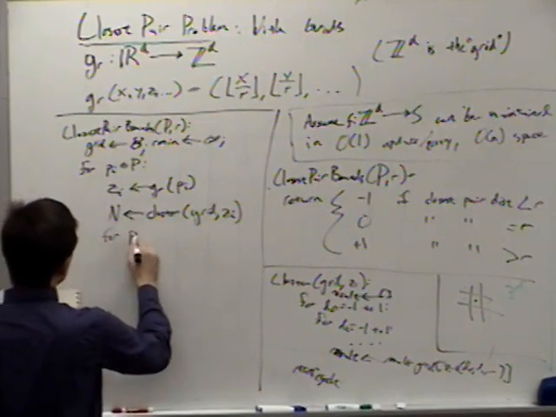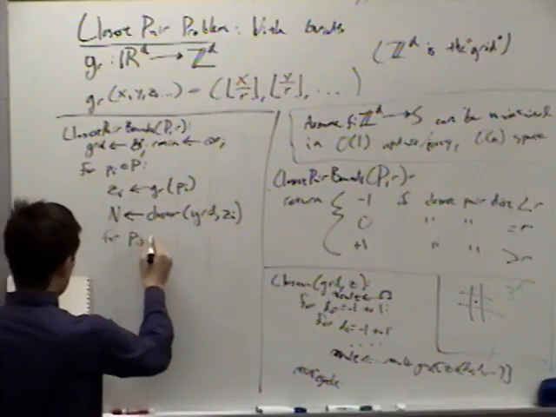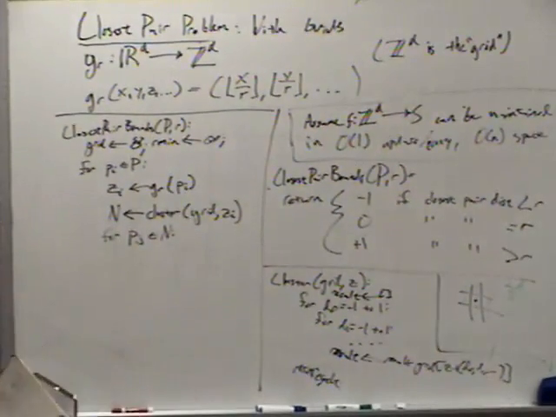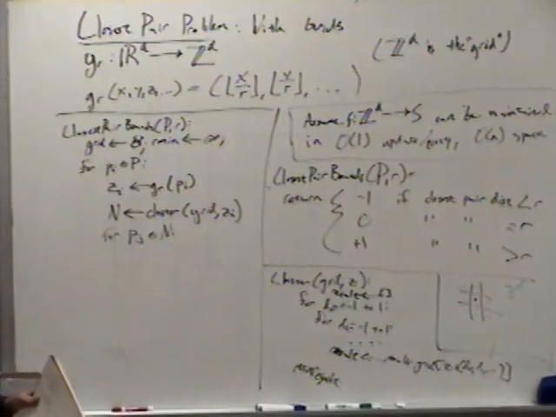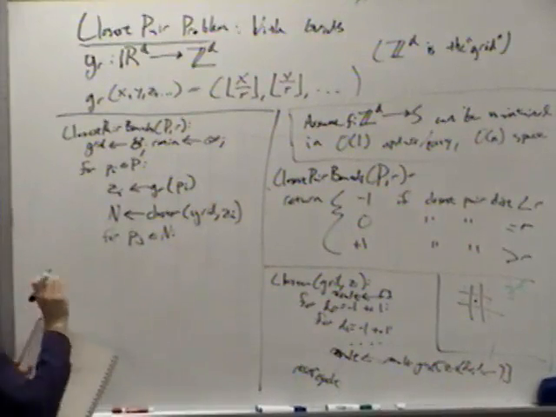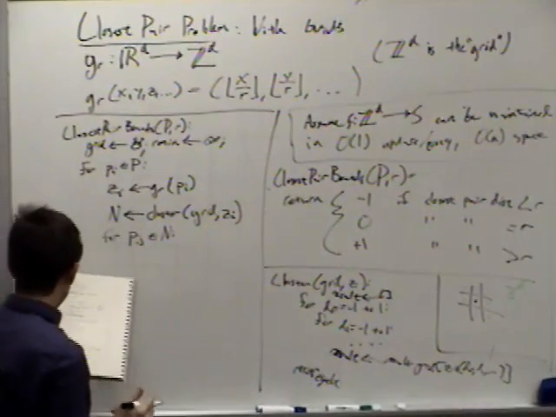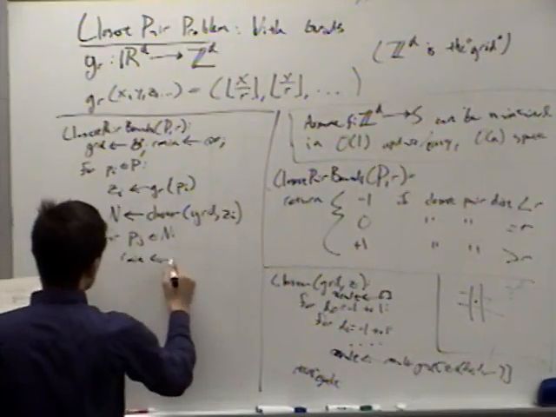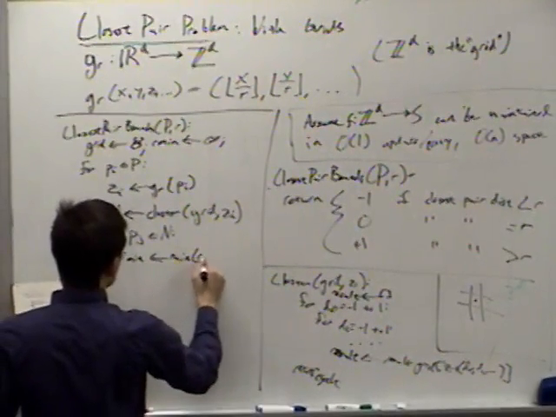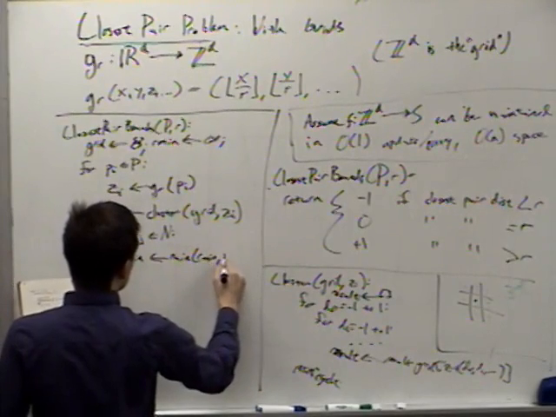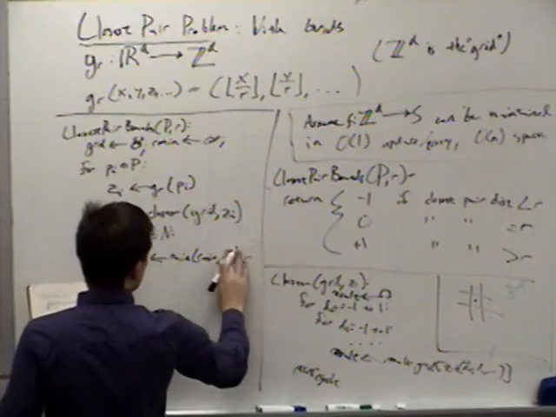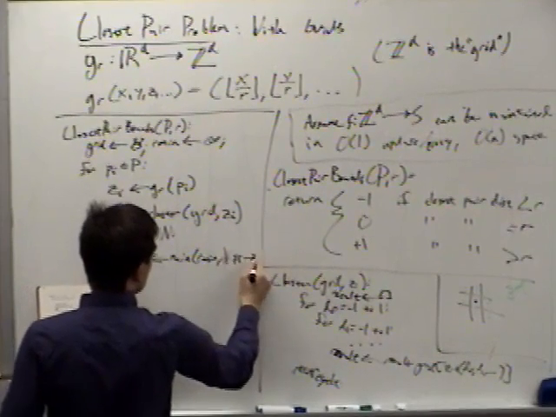So we'll say for p sub j in n. So now these are all of the points which are in all of the grid cells adjacent to z sub i. We'll set r min to the min of r min and the distance between p_i and p_j. I guess I'll write it like this.